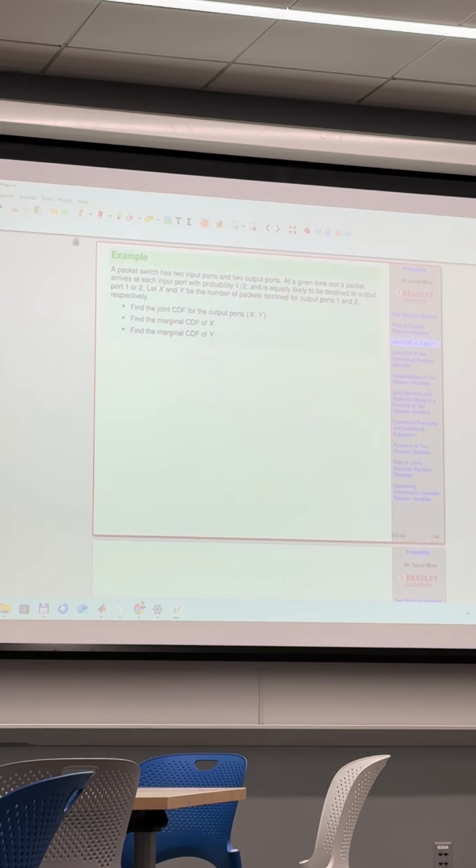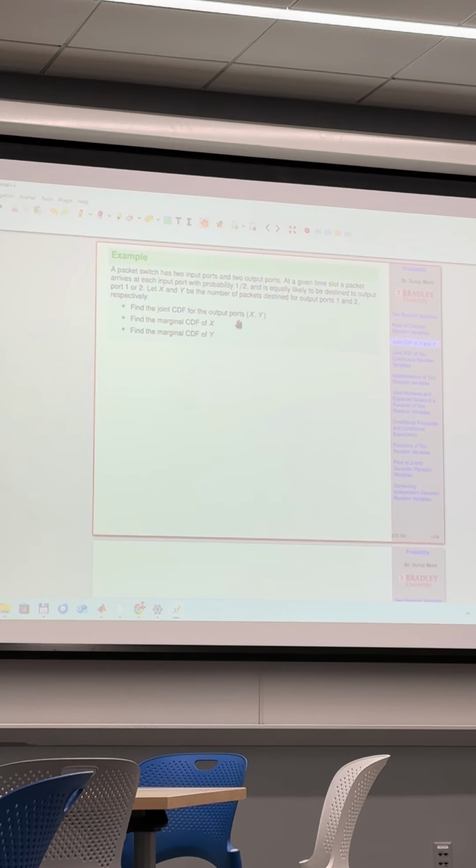As I did mention, make sure you pay attention to that example, because I'm going to reutilize it in many of the examples to come. Just to recall, the packet switch has two input ports, two output ports. At a given time slot, a packet arrives at each input port with probability 0.5, and is equally likely to be destined to output port 1 or 2.